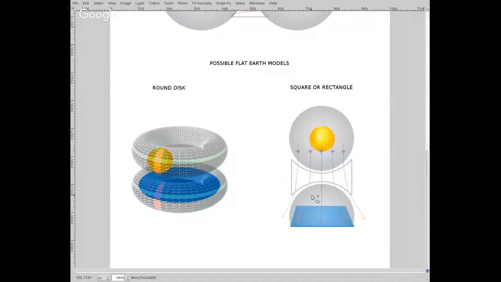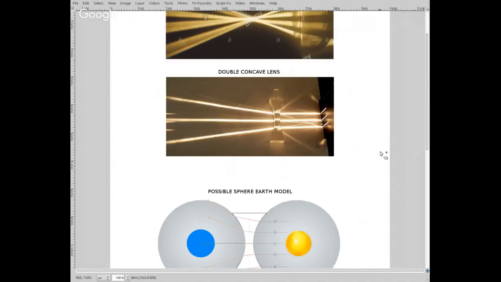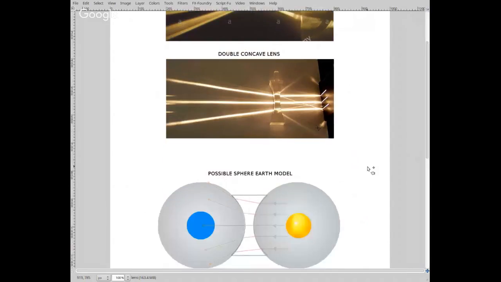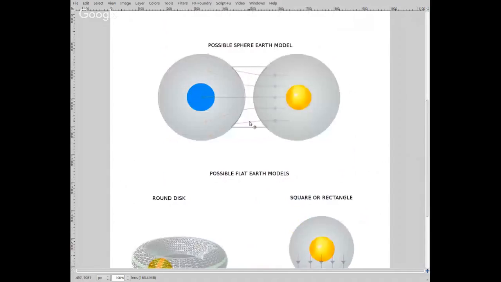So in either case, flat model, disc, square or rectangle, if you have this on the disc earth, both the earth and the sun are surrounded by a torus, which bends the light the way it must bend for observation, and this is what a double concave lens does. Okay, it produces that effect, and I placed a faint image of that kind of shape here.